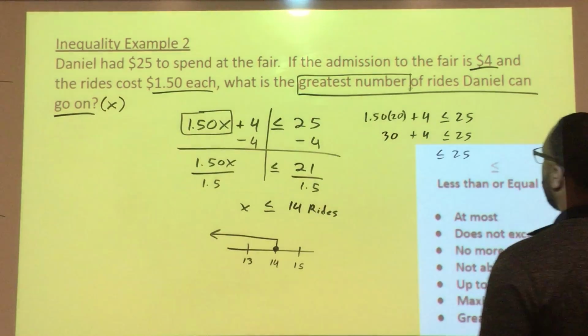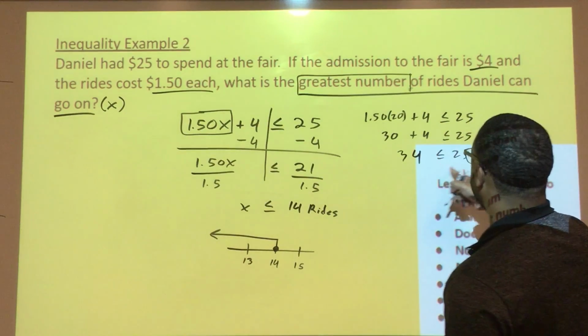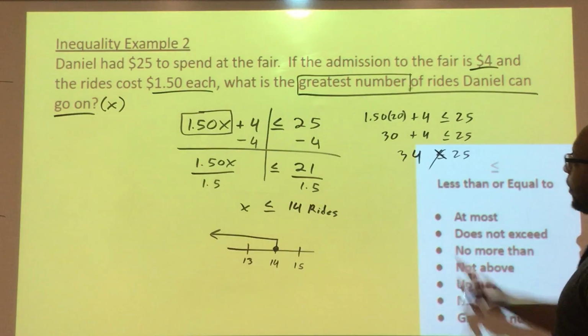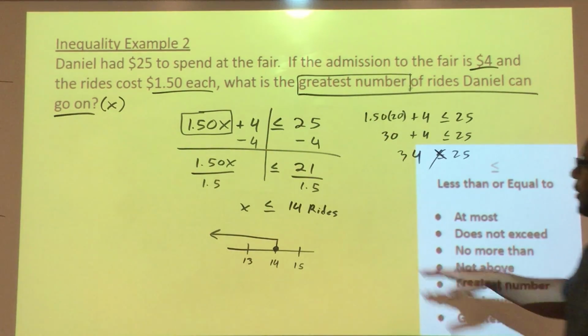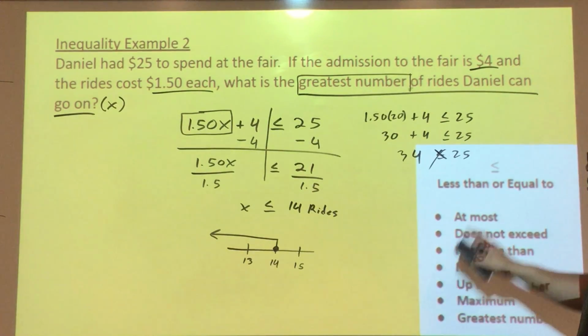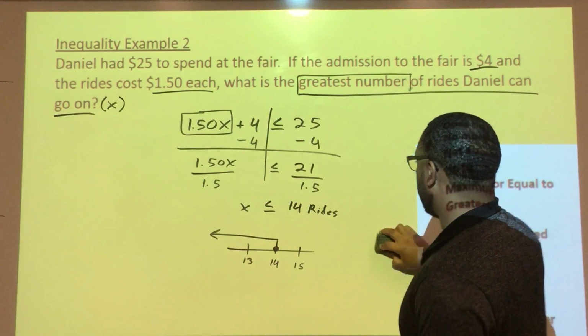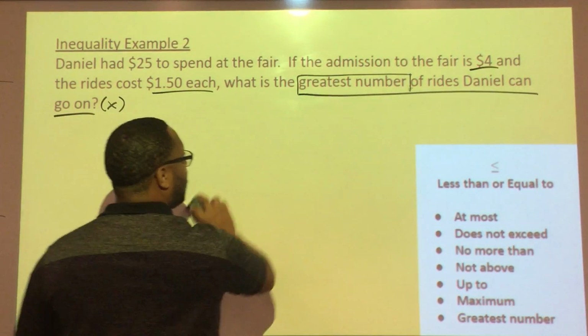And then 30 plus 4, that gives us 34. Is 34 less than or equal to 25? It's not. So that's proof that when I plug in a number that is greater than 14, it shows that Daniel can no longer use the $25 the way he wants to. He needs more money to ride 20 rides. Very good.